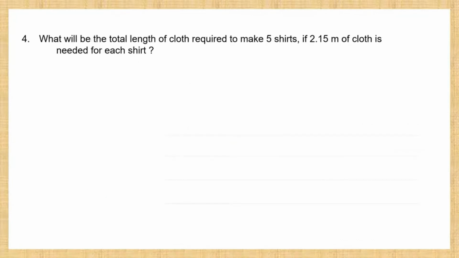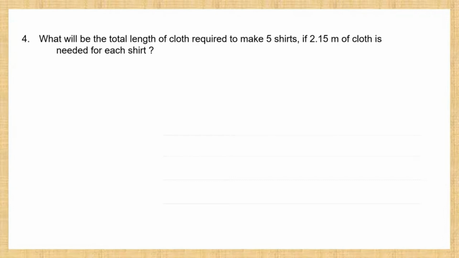Question 4. What will be the total length of cloth required to make 5 shirts if 2.15 meter of cloth is needed for each shirt? So now we know how much of cloth is needed for each shirt. For one shirt, now we need to find for 5 shirts. So whenever one is given and you have to find for many, it is multiplication.